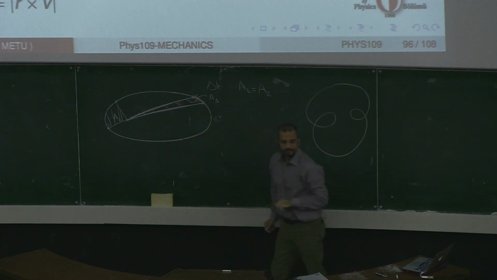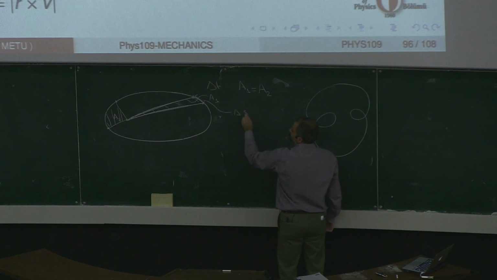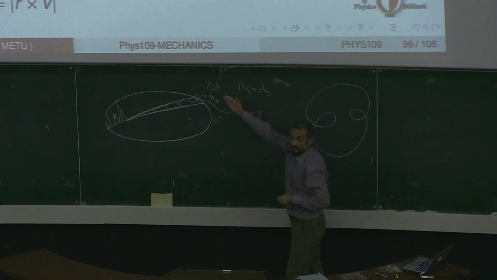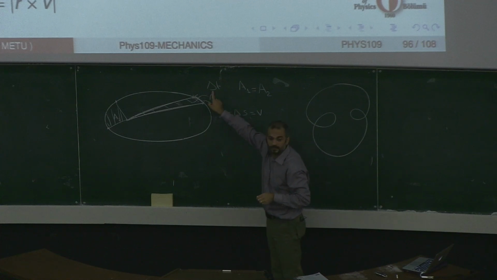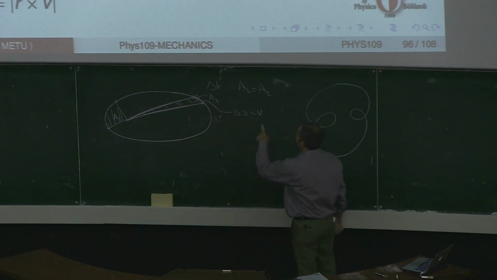This is the arc. Well, this arc has length, its velocity, its speed. I'm making an observation for delta t units of time, so the distance it has traveled during that time is its speed times delta t.